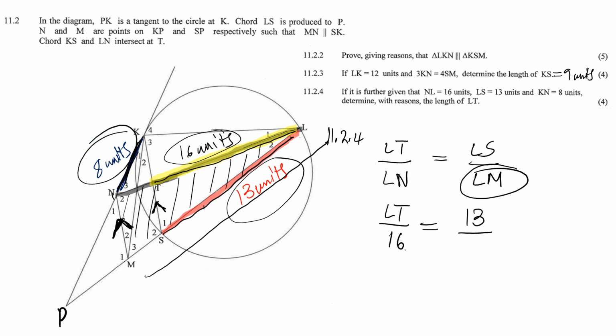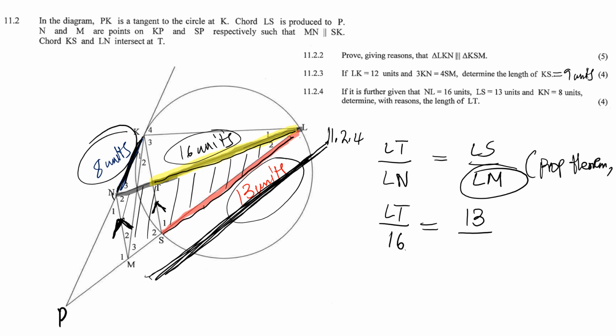So in maths, they don't just give you anything. They actually want you to use it to solve the other things. But you have to use a relational understanding approach now. We just need LM in order to solve for LT, and this is from the proportionality theorem.